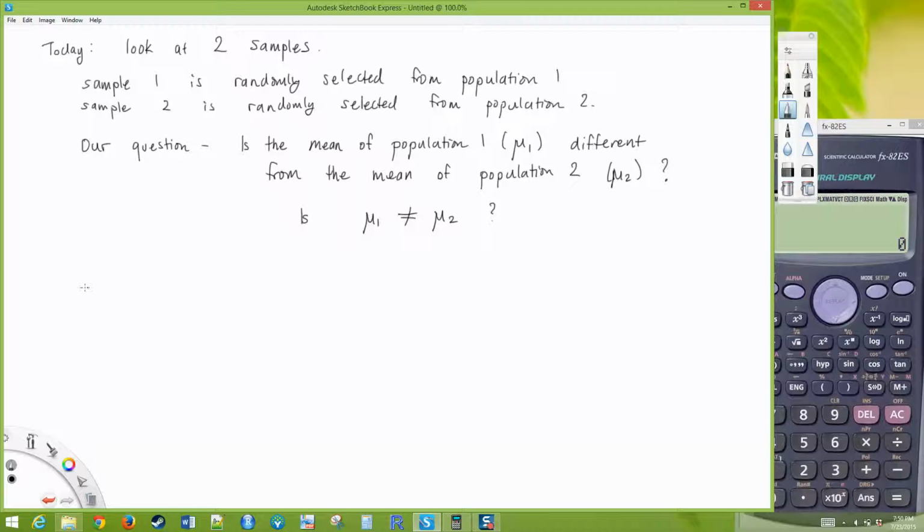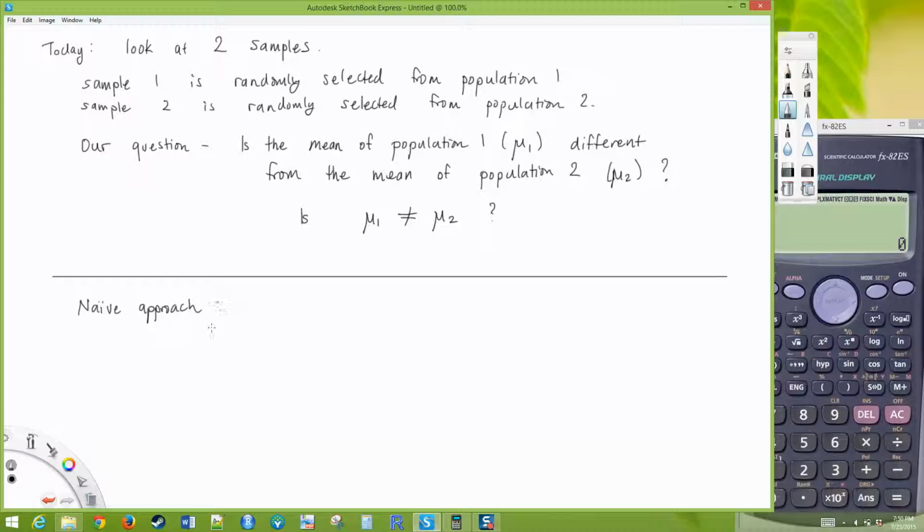So a quote-unquote naive approach would be to take sample 1, make a confidence interval for mu1, and take sample 2 and make a confidence interval for mu2.